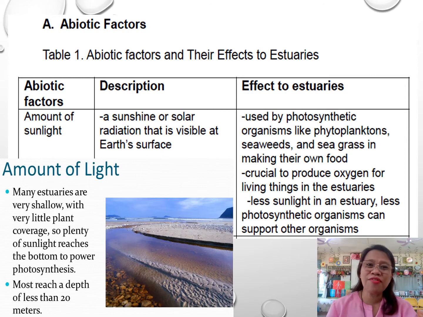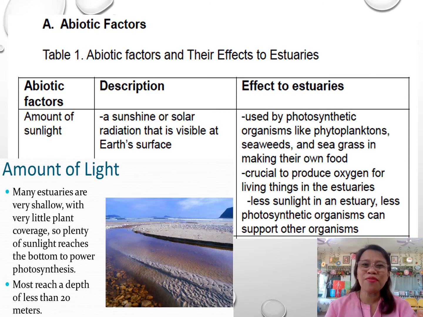So what is the effect of the amount of sunlight to the estuary? Now, this is used for photosynthetic organisms, like for example, the phytoplanktons, the seaweeds, and the seagrass in making their food. Diba?